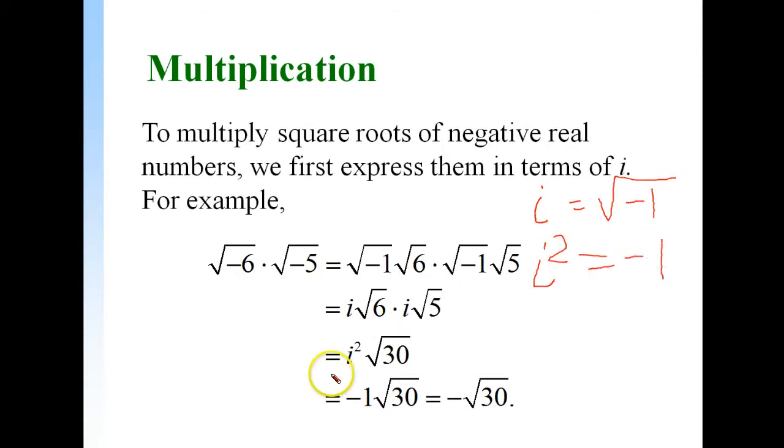So whenever we come across an i squared, we have to replace it with a -1. So this i squared here is a -1. And again, we don't write the 1 usually, and it would be given as that. This dot here is just a period at the end of a sentence here.